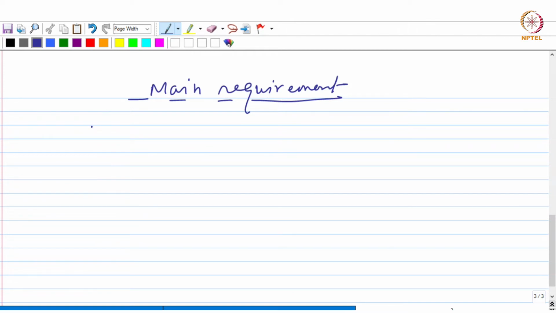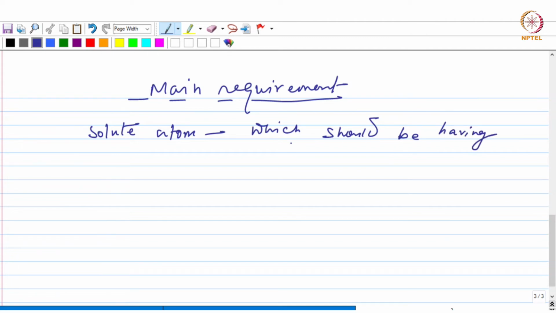It is basically about a particular alloying element or a solute atom which should have some solubility at room temperature, and for the alloy to be precipitation hardenable, this solubility should increase with temperature.